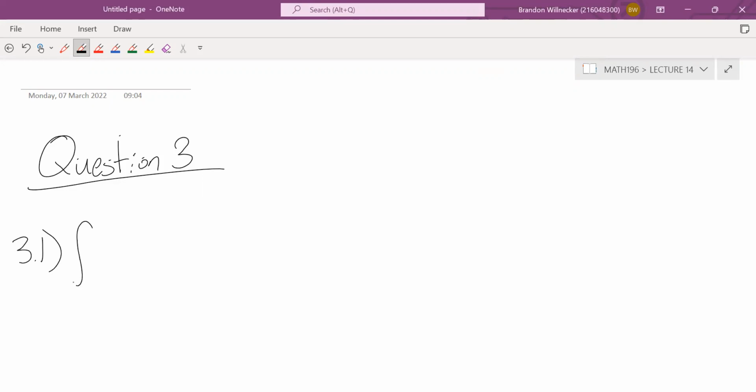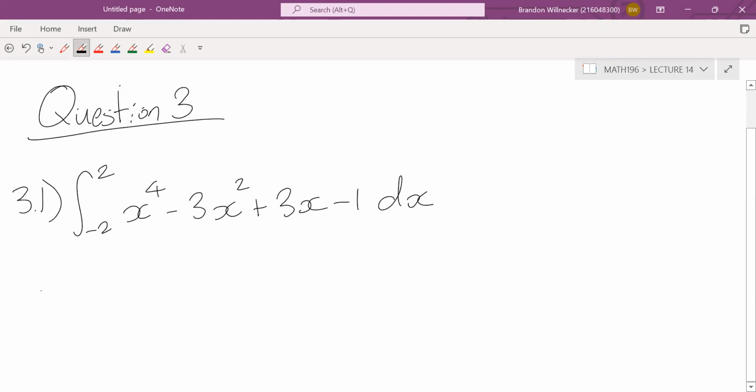So we have the integral from -2 to 2 of x to the 4 minus 3x squared plus 3x minus 1 dx. Okay, so the antiderivative of x to the 4 is going to be 1/5 x to the 5.